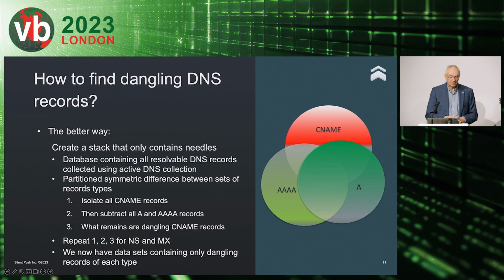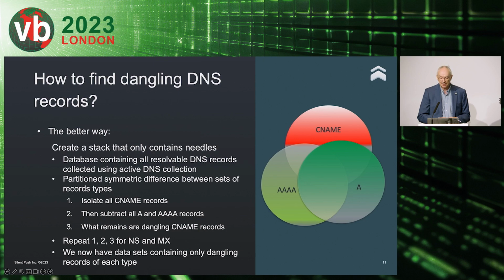We have a better way of finding these DNS records because we now have all this data stored in our data collection. We can group the records into different types, and then reduce the whole problem to a set problem. Essentially, we can calculate the symmetric difference between the different record sets that are relevant to the dangler type that we're looking at.